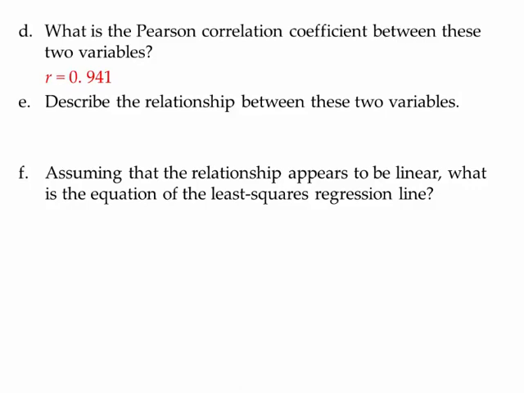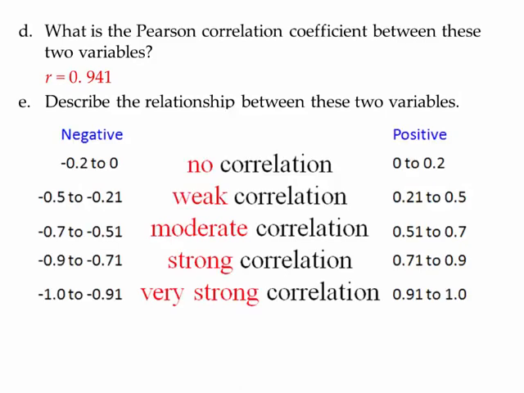We're going to use the value of R to determine the strength and the direction. We have R being 0.941, which implies the strength is a very strong correlation, and it's also positive.